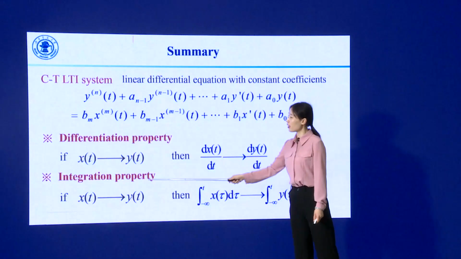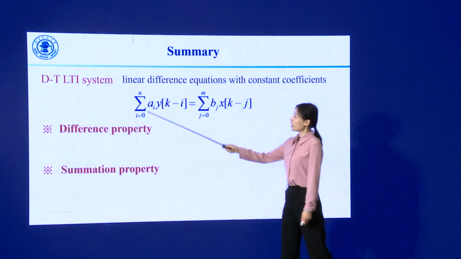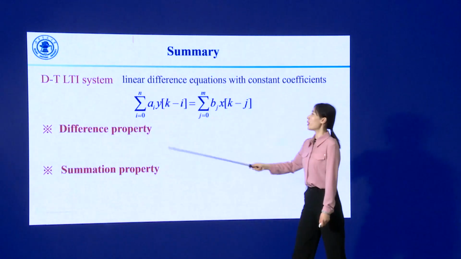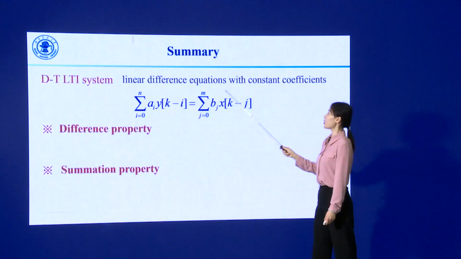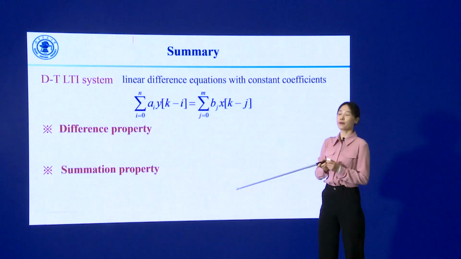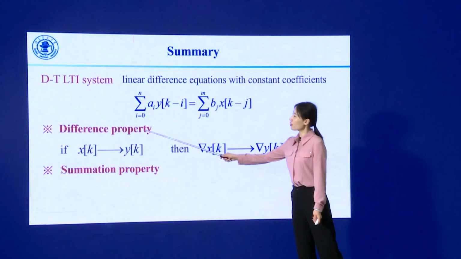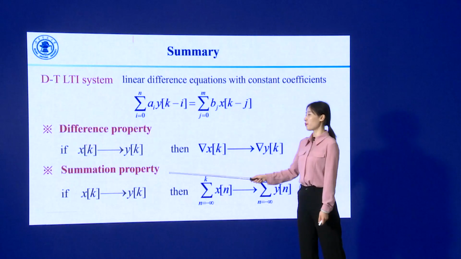The other is the integration property. For the DT-LTI system, we can use a linear difference equation with constant coefficients to represent it. The DT-LTI system has the difference property and the summation property.